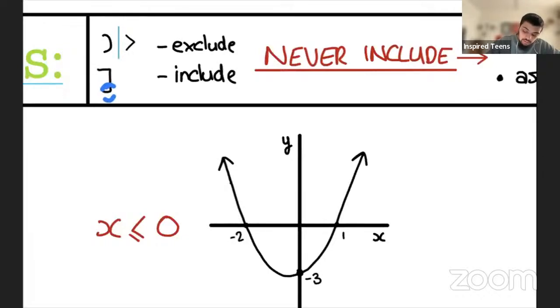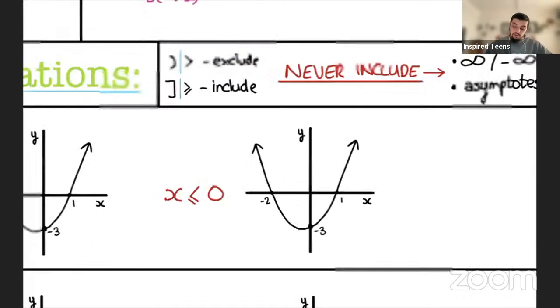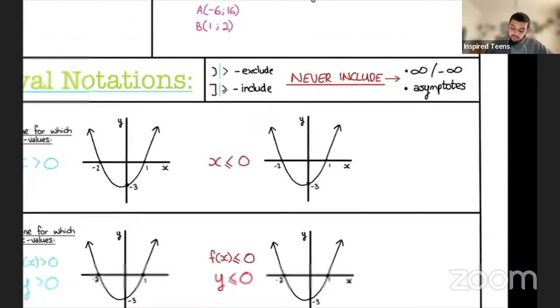For include, for the other notation, instead of just greater than, we could have greater than or equal to. So the top two represent exclude, the bottom two represent include. Just want to clarify that. And we never include infinity.